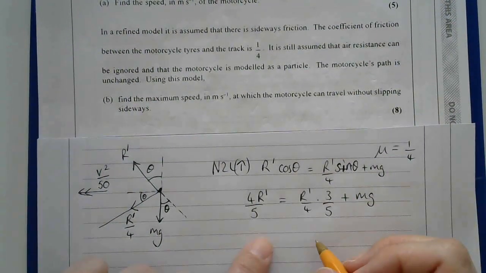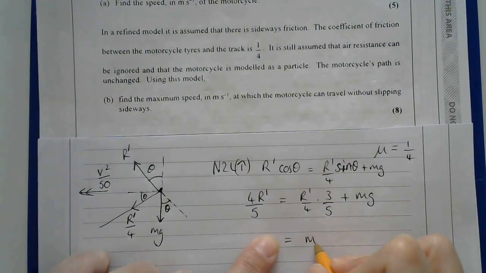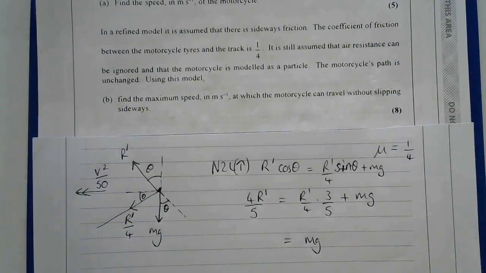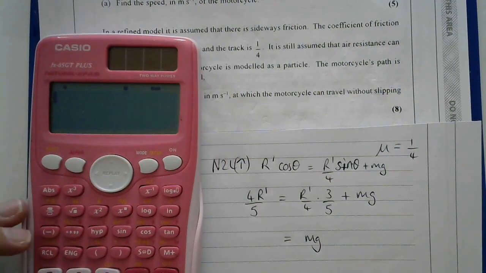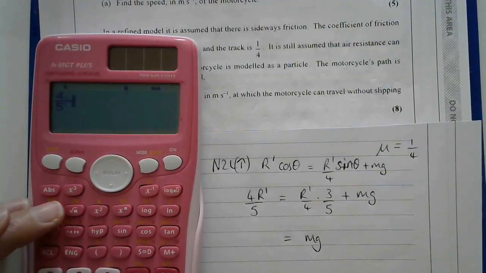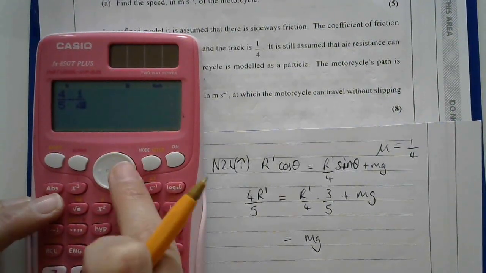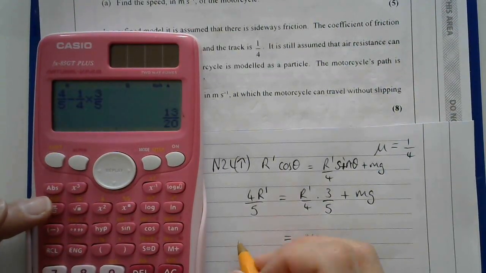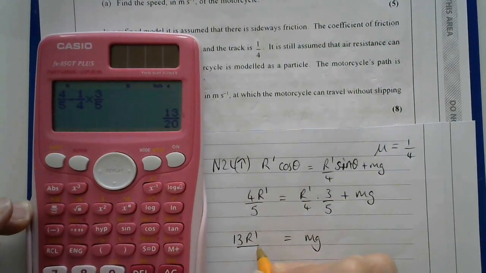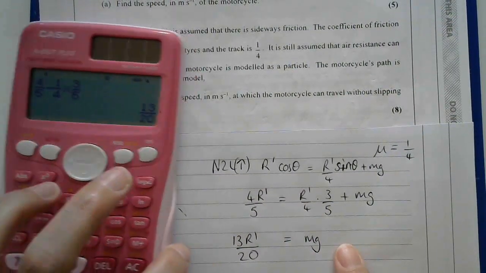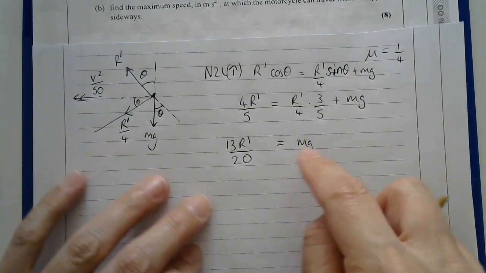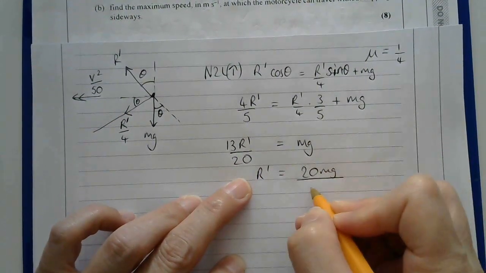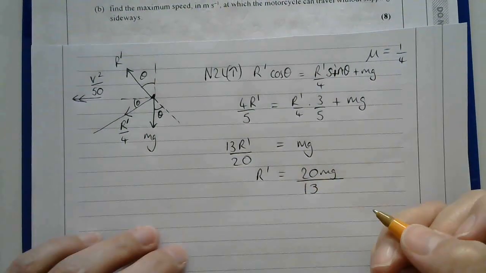So rearranging this, if I take away this from this, then I get 4/5 minus 1/4 of 3/5. So I end up with 13 R dash over 20 equals mg. So then to get R dash, I've now got 20 mg over 13.